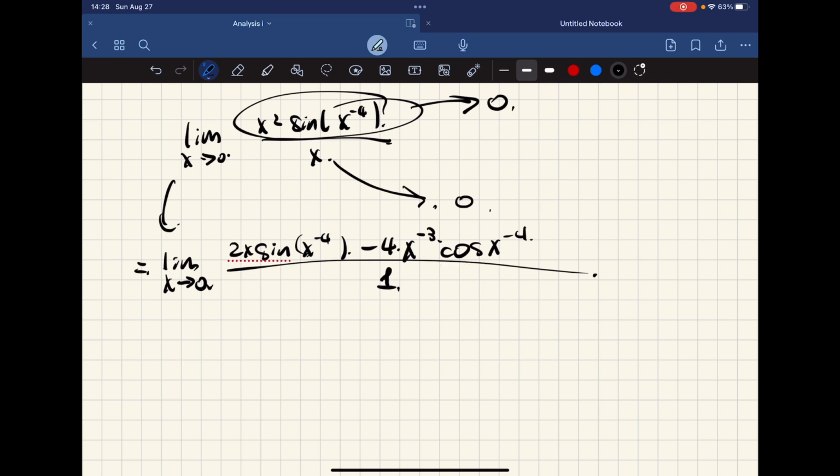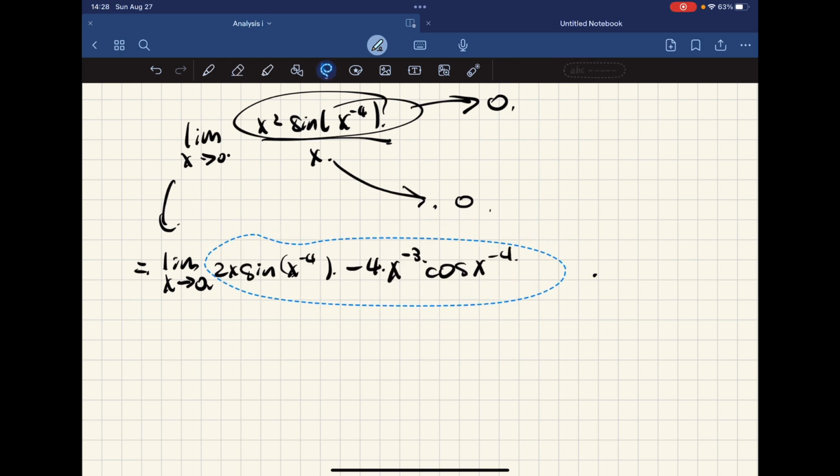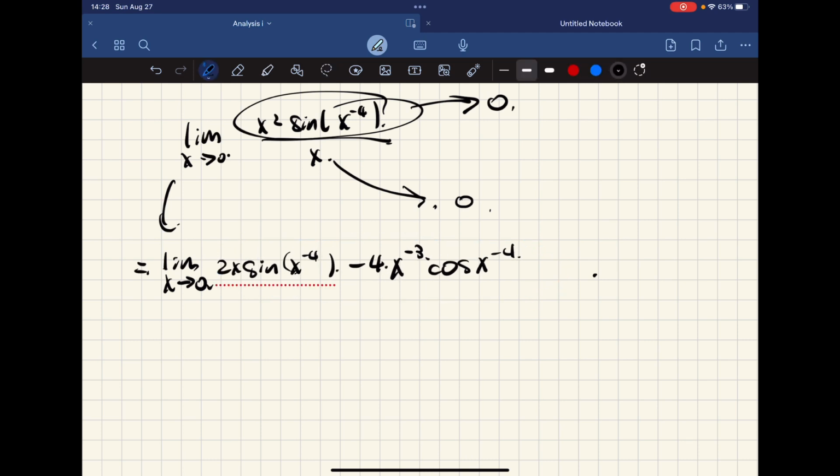And then okay, let's see, what is this? Well, the first term by the squeeze theorem goes to 0, but the second term, there's something weird. The second term does not go to 0, and actually the limit does not exist.